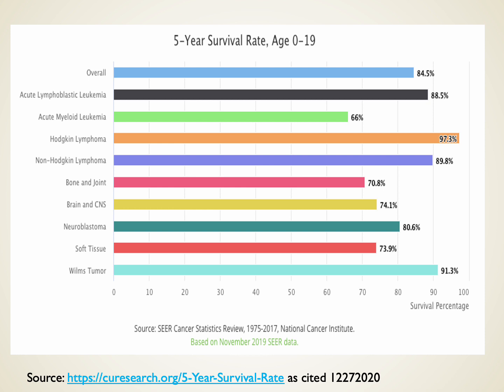But what we will see is that the 5-year survival rate for pediatric cancers has become much better in the last 20 to 30 years compared to where they were in the 1960s and 70s. This particularly relates to leukemias and lymphomas that have been much more responsive to our approaches to cancer therapy in pediatrics as well as in adults.